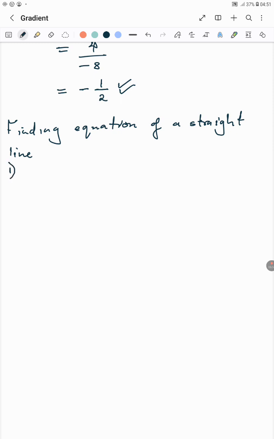Number one, you can have 2 points on the straight line.